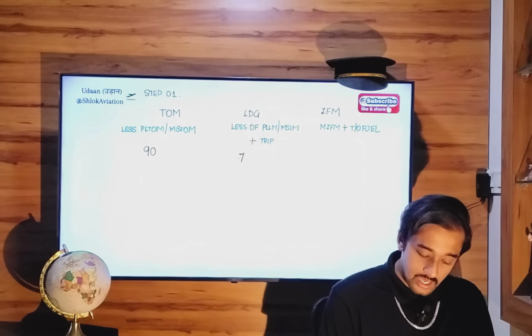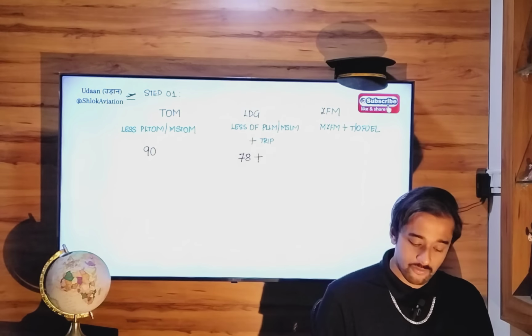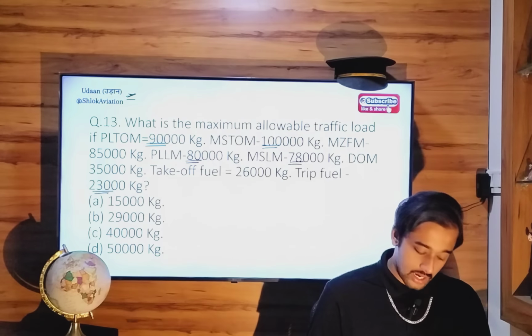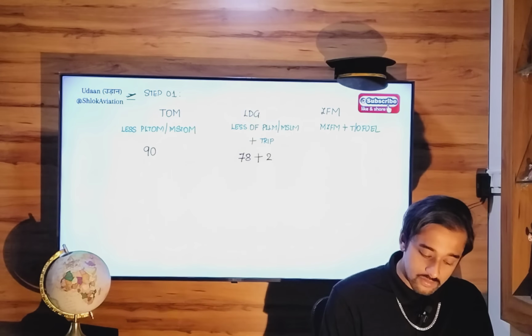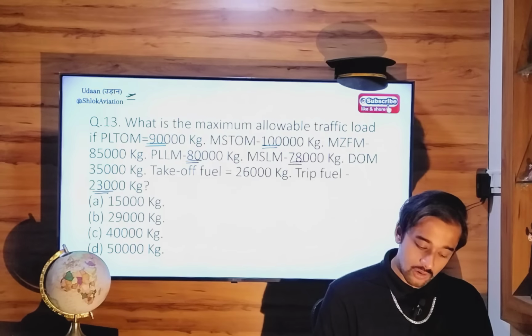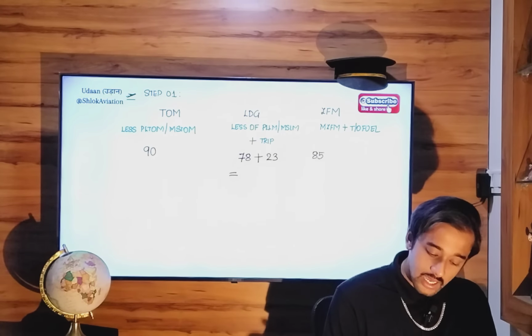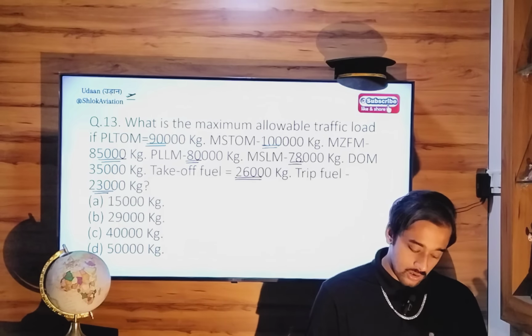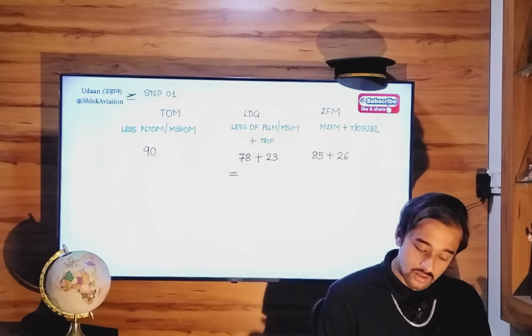So write 78 plus trip fuel. Trip fuel is 23,000 kg, so write 23. Maximum zero fuel mass is 85,000, so write 85. Takeoff fuel or fuel on board is 26,000, so write 26.